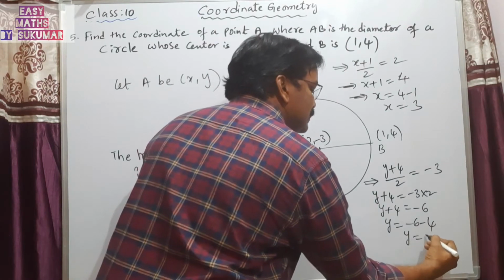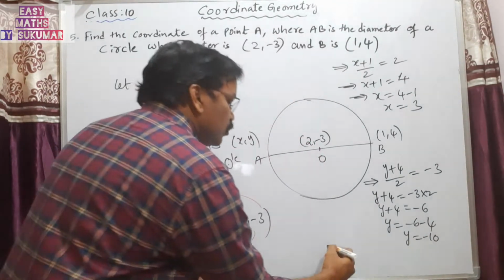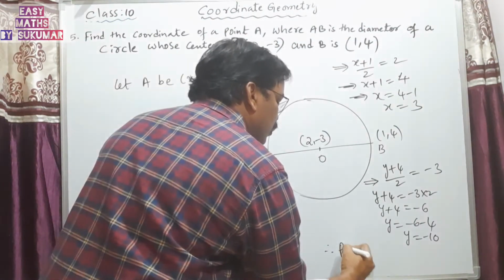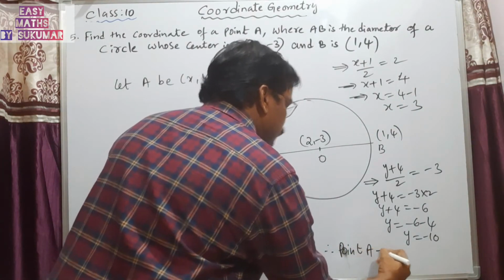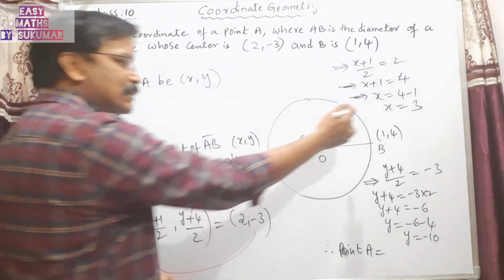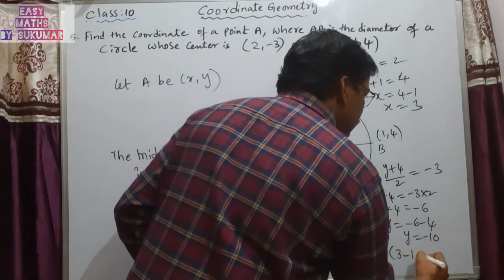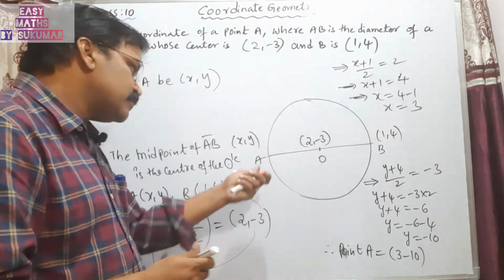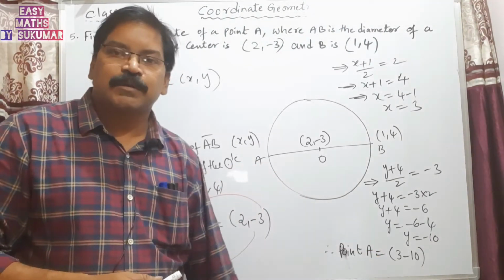So y means -10. Therefore, point A is equal to (x, y), that means x is 3 and y is -10. That means one end of the diameter of the circle is (3, -10).